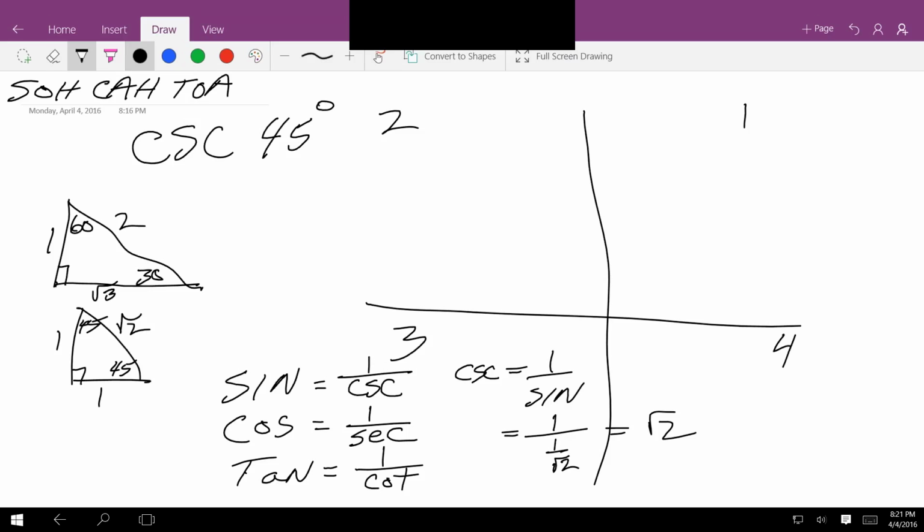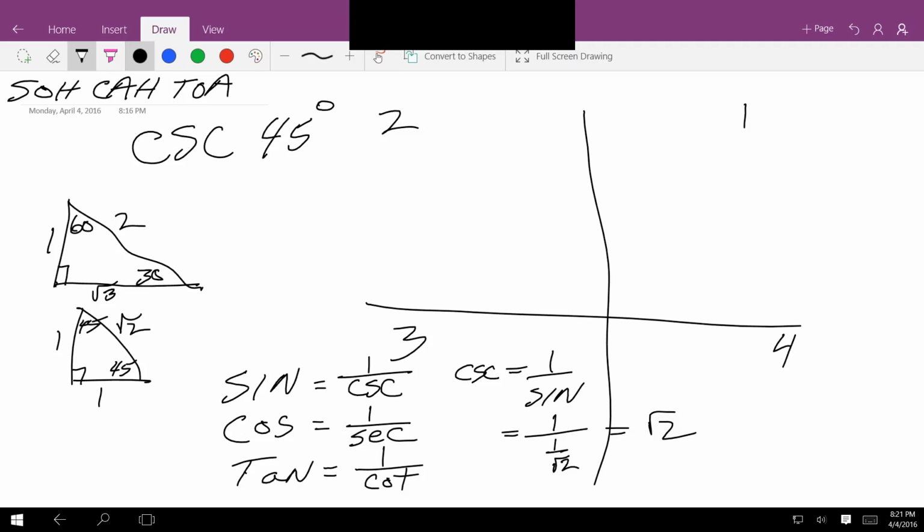Notice that I didn't worry about rationalizing that number, 1 over square root of 2, when I got it, because I'm going to flip it. And as soon as I flip it, that irrational denominator will be in the numerator. So it would have been self-defeating for me to rationalize that before I'm done.